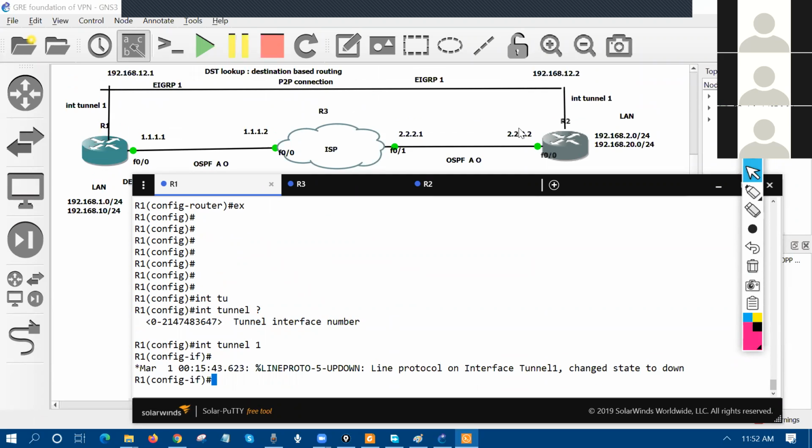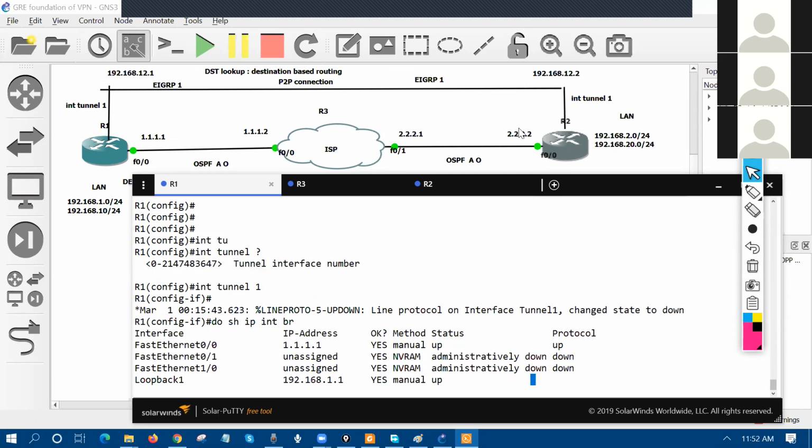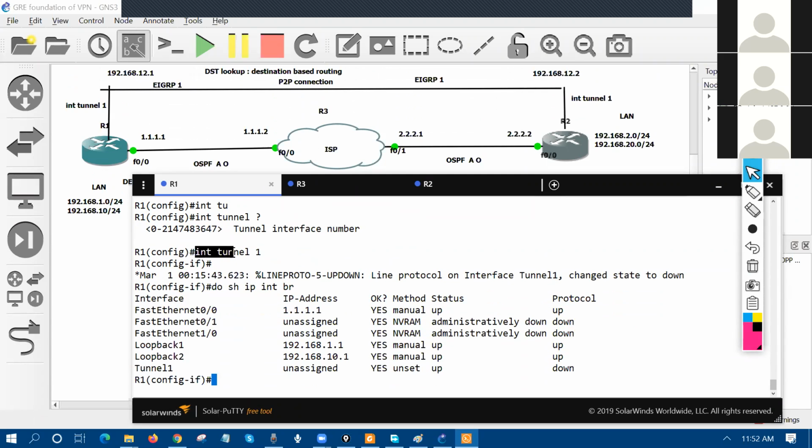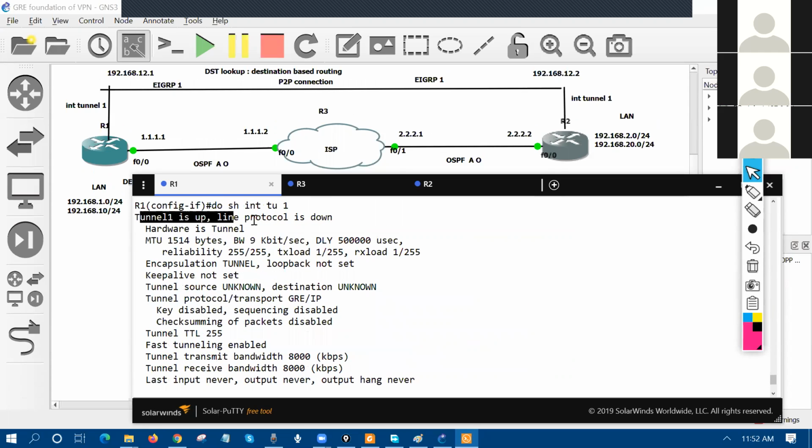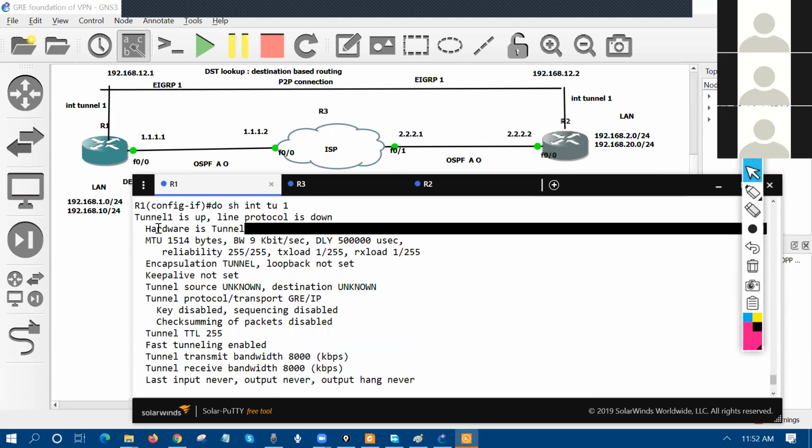If you do show IP interface brief, what happened? I just put the command interface tunnel 1. This command is just going to create one logical interface. My status is up, but my protocol is down. If you do show interface tunnel 1, I have a lot of information there, but we don't have any IP address configured, right?